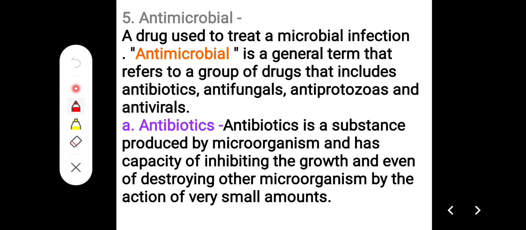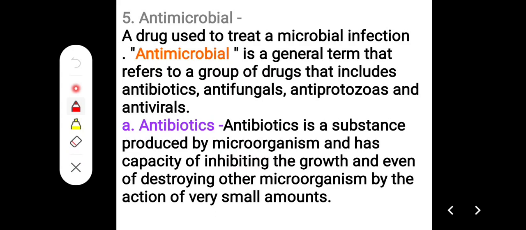If you say antimicrobial, that is a general term, because all the antibiotics, antifungals, antipathogens, and antivirals are considered antimicrobial in the general term. It is like classification: we are females and males, but all females and males are classified under the general term humans, right?